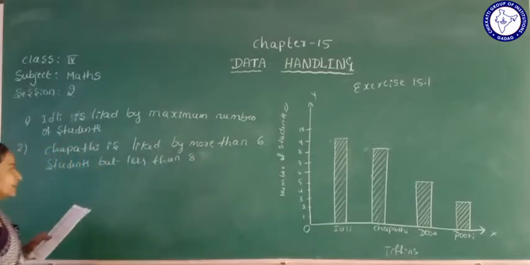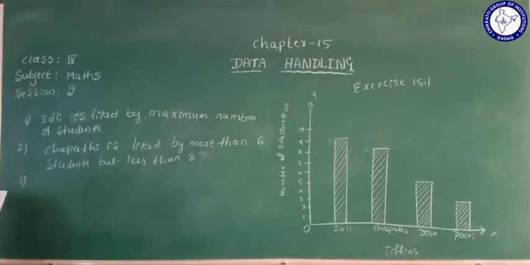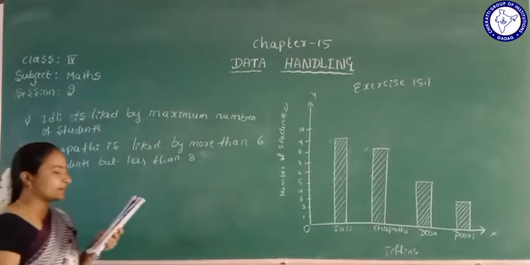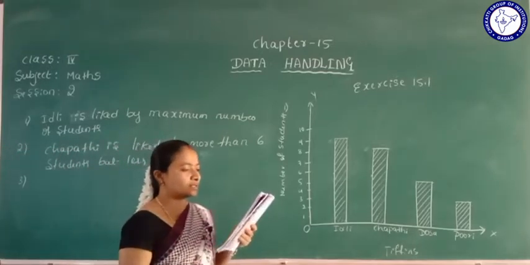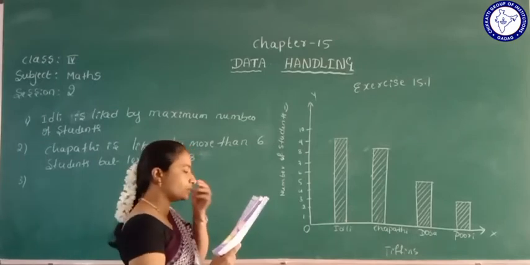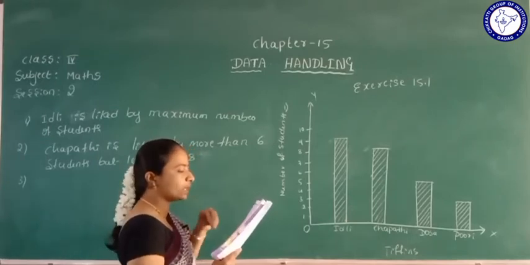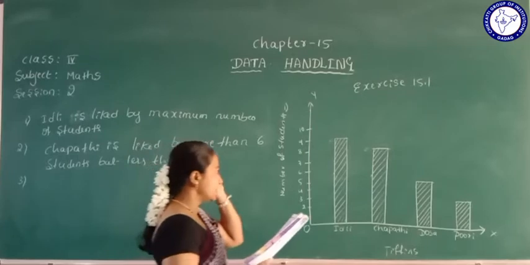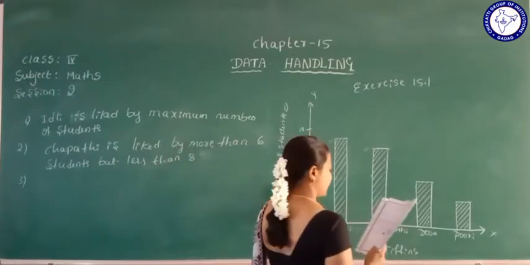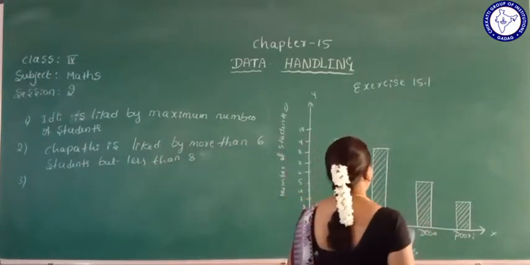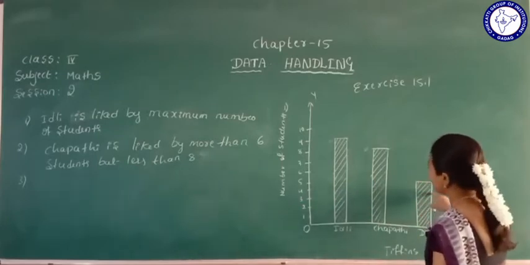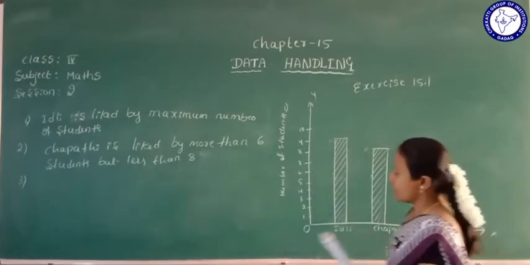The third question: which food item is liked by more than 4 students but less than 7 students? More than 4 and less than 7 means dosa.